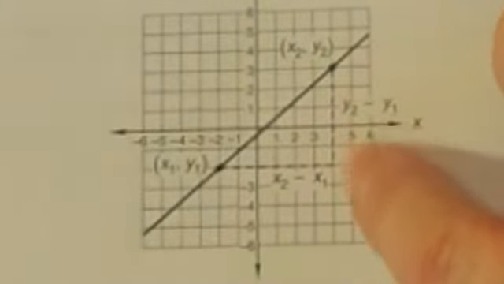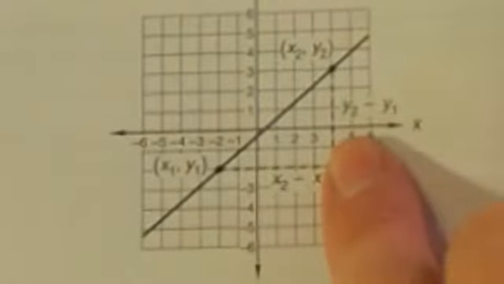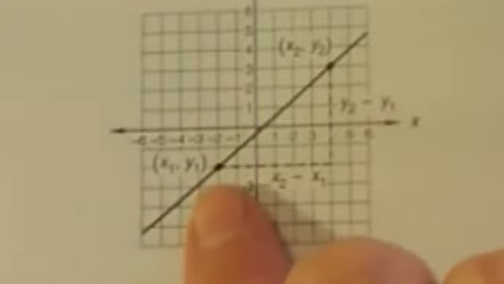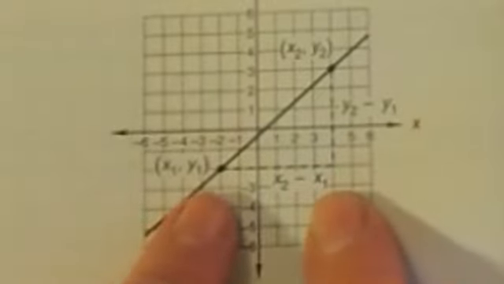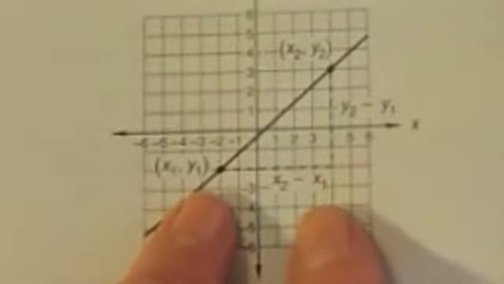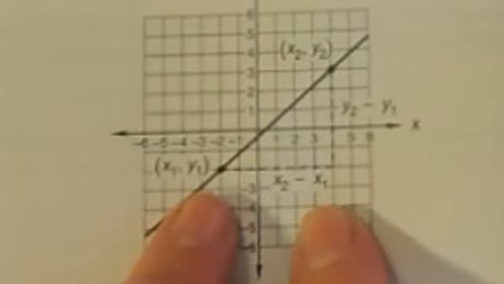Here's this leg, and this leg is the difference in their y coordinates. So you can call this leg y2 minus y1. It's the change in y. You can call this leg, which is the difference in their x coordinates, x2 minus x1, or the change in x. Okay?